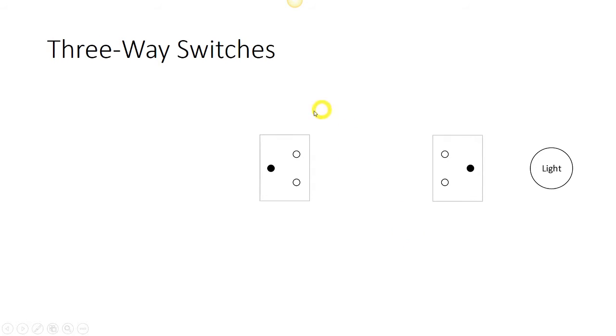Okay, so here I have one switch. This might be one that's at the bottom of a stairwell, and then I have another switch possibly at the top of a stairwell, and then this is my stairwell light. I want to control this light from either the top or the bottom of the stairs. And remember, we have commons and travelers. The common is either going to receive power or it's going to send out switched power.